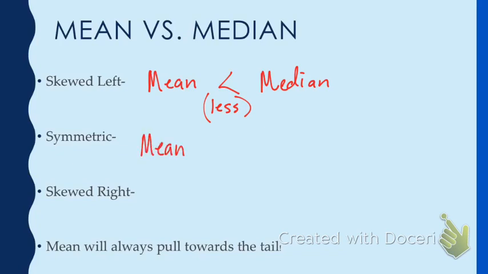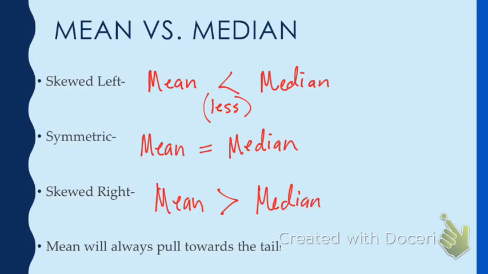So in a symmetric distribution, the mean equals the median. And when it is skewed right, the mean is greater than the median. So the moral of the story is that the mean always pulls towards the tail. If the tail is to the right, it's going to be towards the right, and if it's towards the left, towards the left.